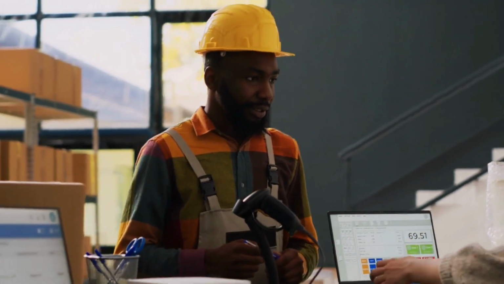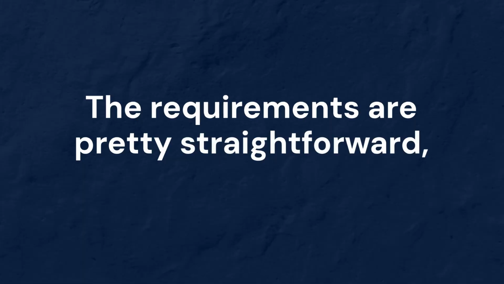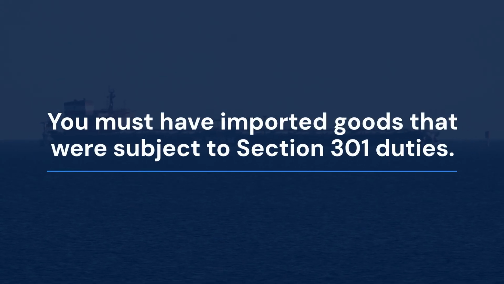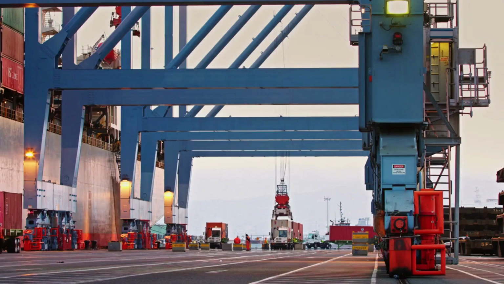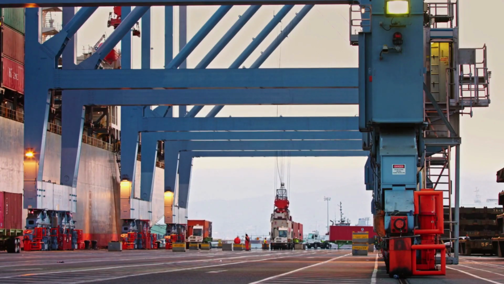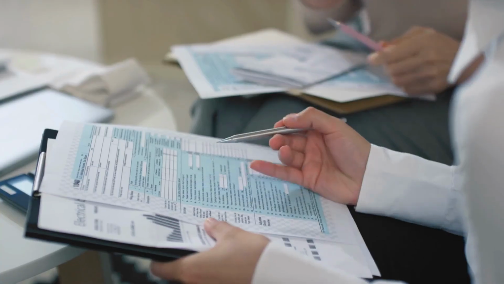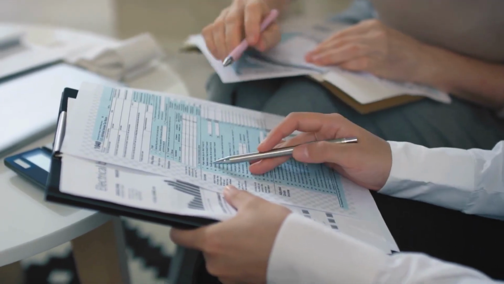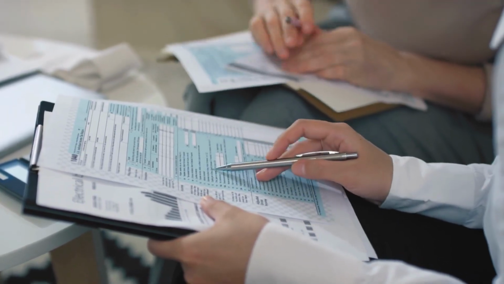So, who can actually claim a Section 301 drawback? The requirements are pretty straightforward but strict. You must have imported goods that were subject to Section 301 duties. Those goods must then be exported, destroyed, or used to manufacture an export product. And crucially, you need to be able to connect the original import to the export or destruction event with solid records.